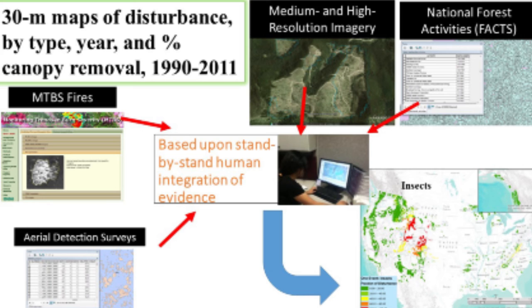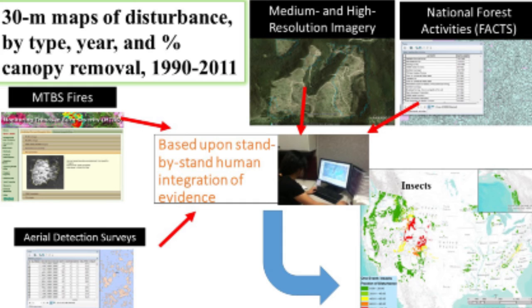It's a 30-meter map. It's consistently processed across the entire national forest system. And we had a person, a technician, literally look on a stand-by-stand scale at a lot of different evidence to identify disturbances that have happened every year from 1990 to 2011.